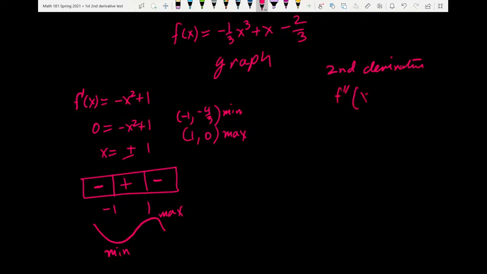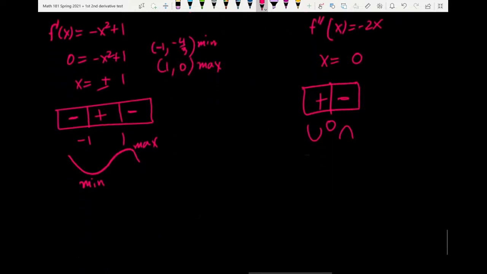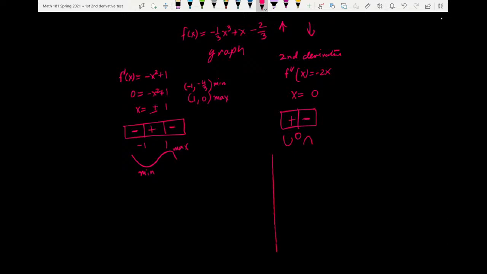What about the second derivative? We get negative 2x, so point of inflection is 0. You get positive and negative. What else do we know about this function? It's an odd function. Leading coefficient is negative, so it's going to start at the top, it's going to end at the bottom. So we could graph this super fast. 1, 1.